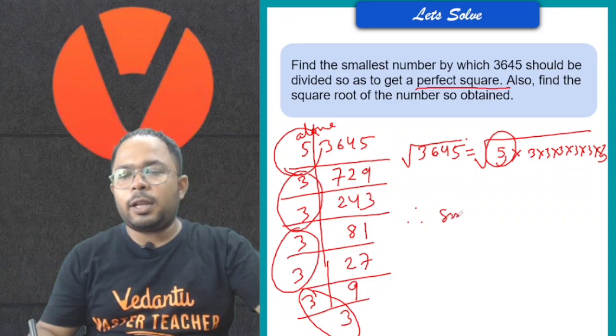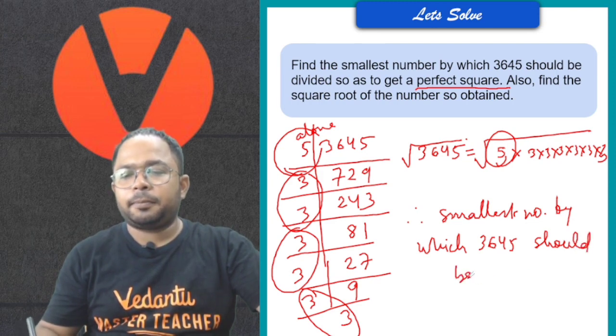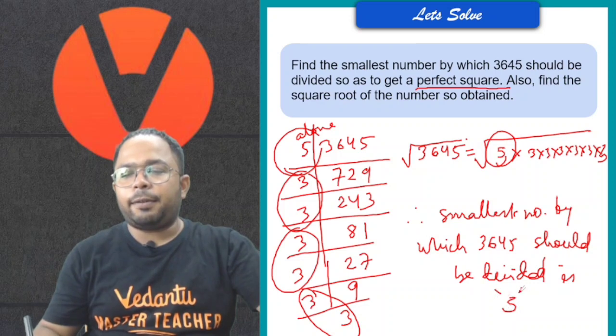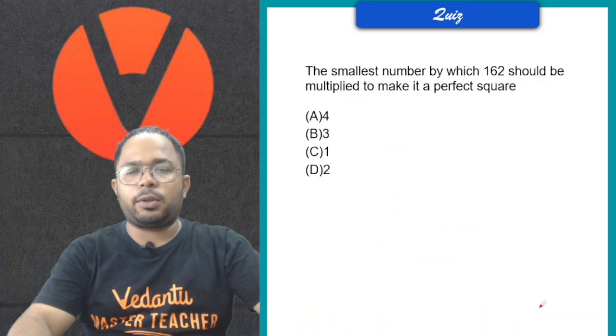So therefore the smallest number by which 3645 should be divided is 5. Let's move on to the next question, students.